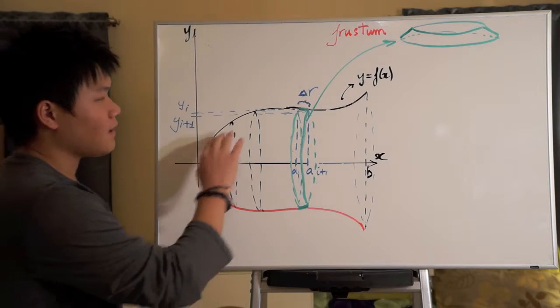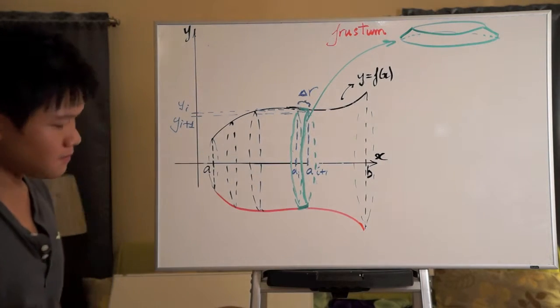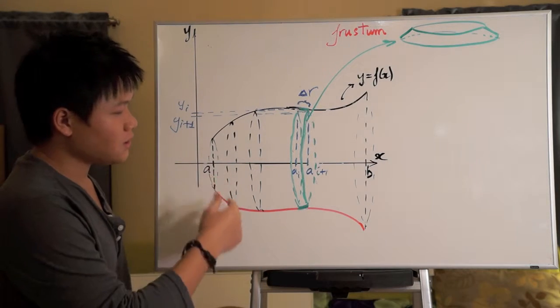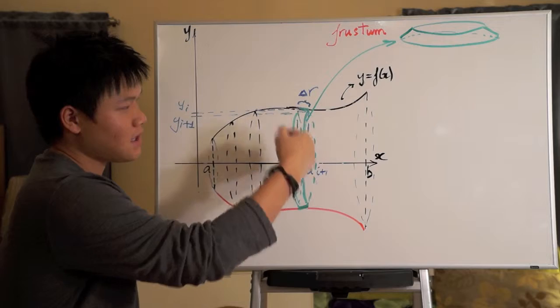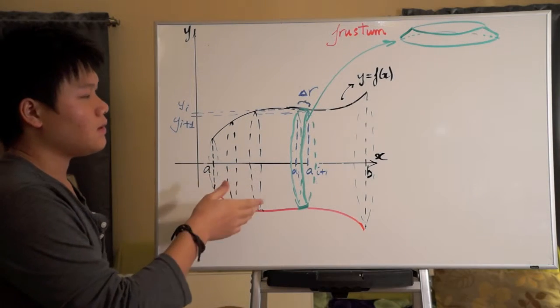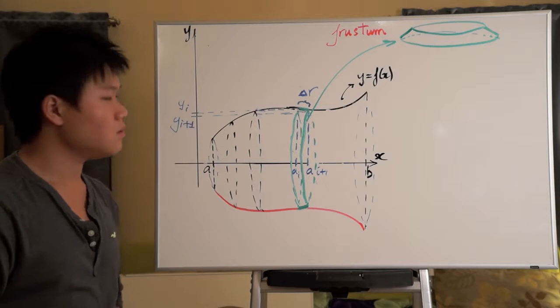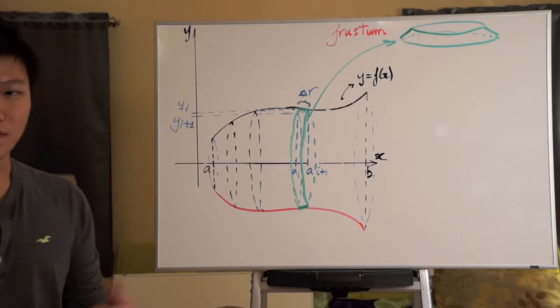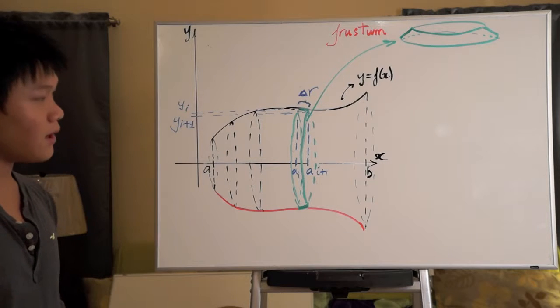We have the graph of that function revolving around the x-axis and creating some surface. We're going to use calculus to calculate the value of that surface, the surface area.